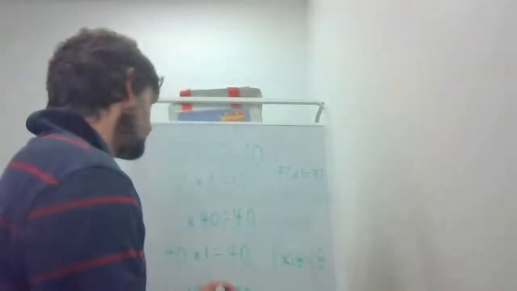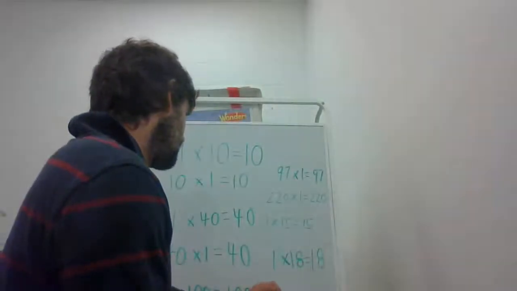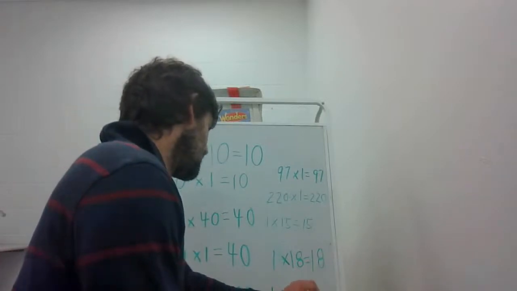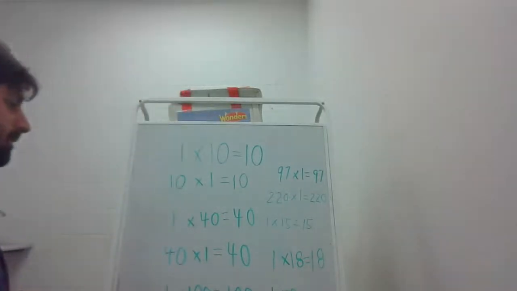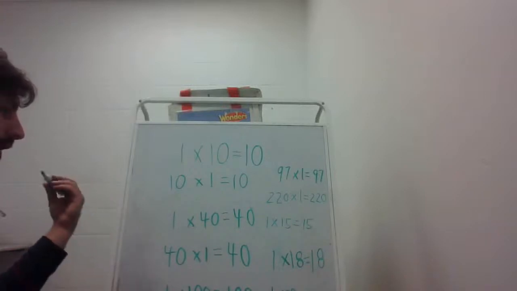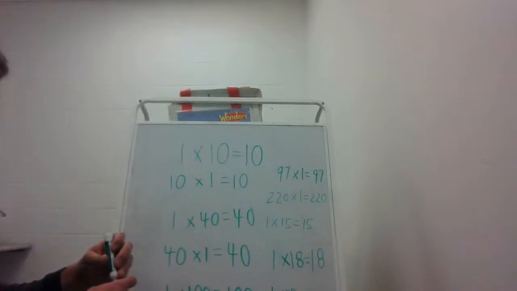One times 18 equals 18. 1 times 28 equals 28. Any number that you multiply by 1, the answer is always going to be the number itself. Number is always going to stay the same.